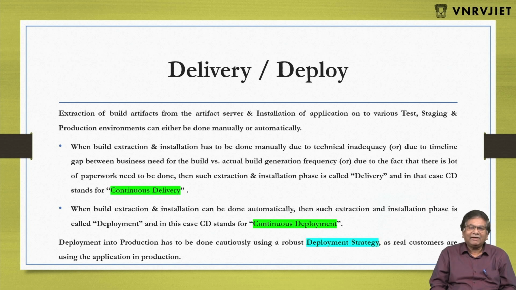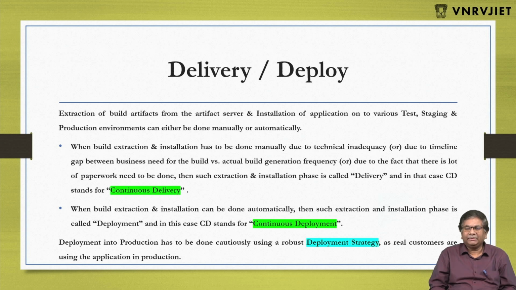Extraction of build artifacts from the artifact server and installation of the application onto various test, staging, and production environments can either be done manually or automatically. Right. So when build extraction and installation has to be done manually, due to technical inadequacy, or due to the timeline gaps between the business need for the build versus the actual build generation frequency, or due to the fact that there is a lot of paperwork to be done, then such an extraction and installation phase is called the delivery phase, and in that case, CD stands for continuous delivery.